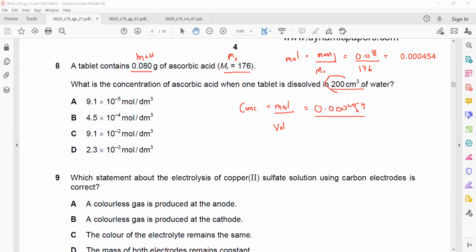Because the volume is given in cm cube, it should be in dm cube. How to convert cm cube into dm cube? You will divide by 1000. So 200 divided by 1000 is equal to 0.2. So 0.000454 divided by 0.2. What's the final answer it matches with?